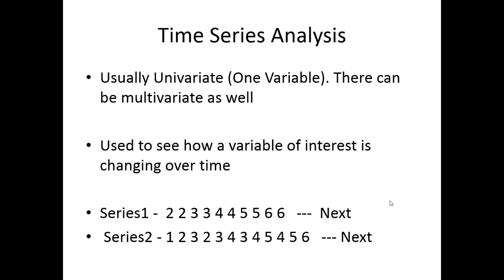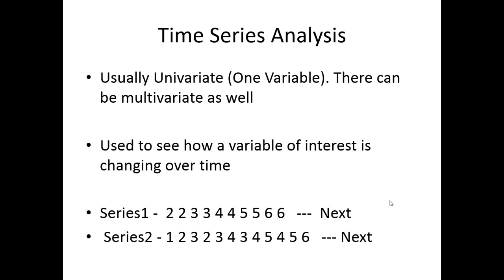But most of the time we do univariate analysis, which is more popular. When I talk about univariate analysis, it could be revenue, profit, or a stock market index. So it's just one variable, and how it is changing over time is what is of interest to us.